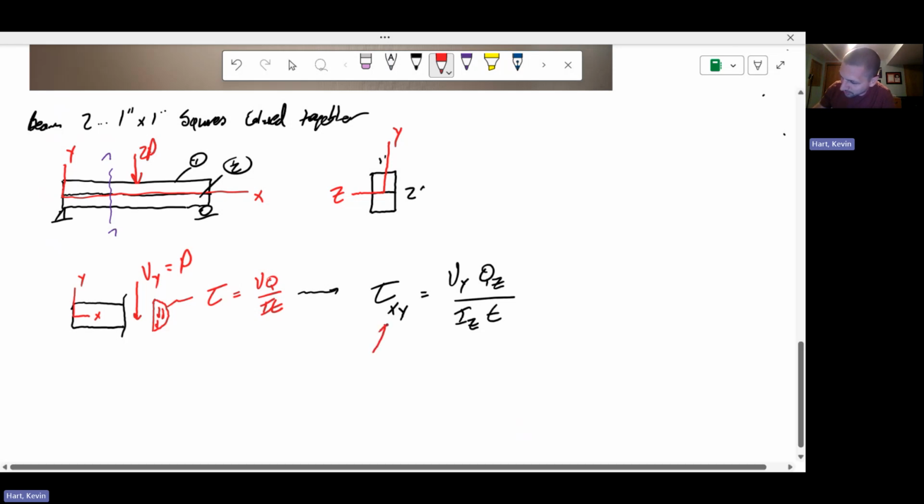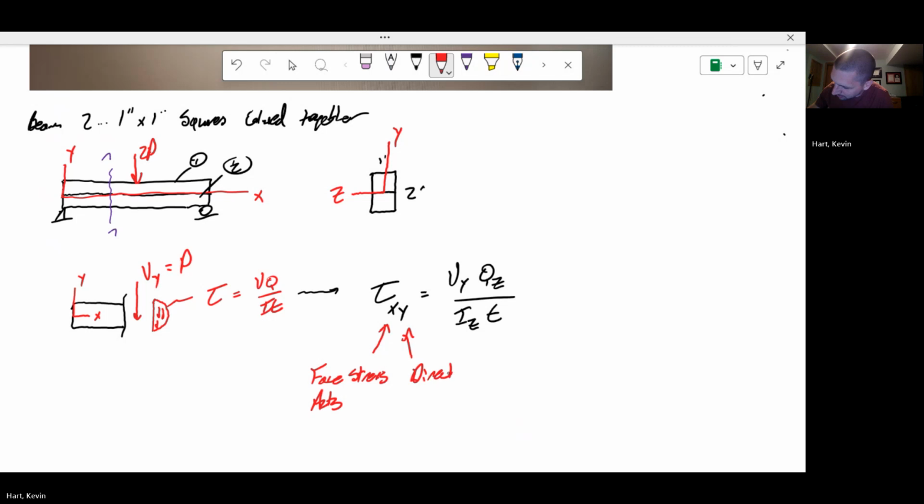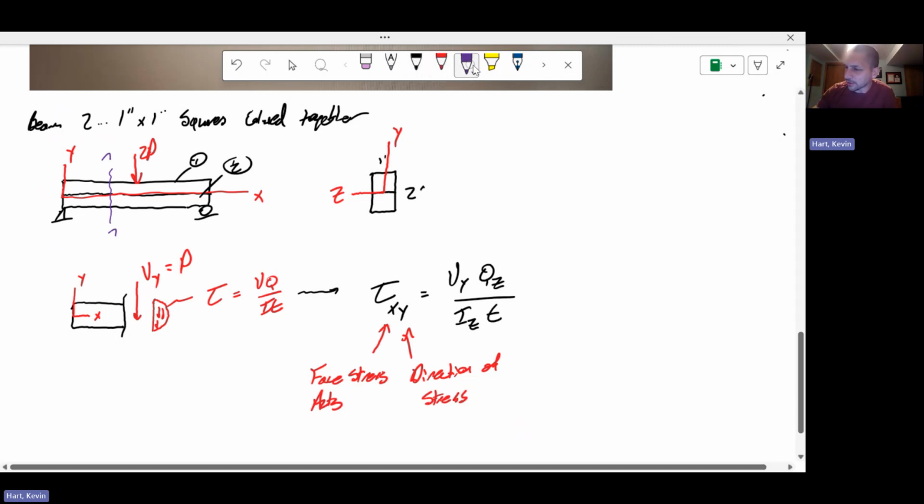So here, this first variable is the face upon which the stress acts. More on this in just a second. The second variable is the direction of the stress. Okay, let's look at this a little bit more carefully then in our little picture.